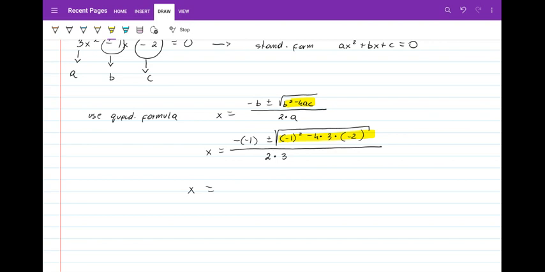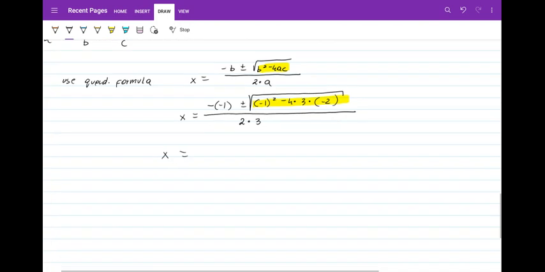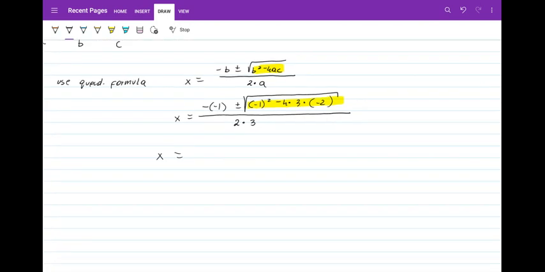Calculate this one first. So on a side, I'm just going to calculate that discriminant. Negative 1 squared minus 4 times 3 times negative 2. So we're getting here 1 plus, 2 negatives gives you plus. So 4 times 3, we're getting 12 times 2, 24.